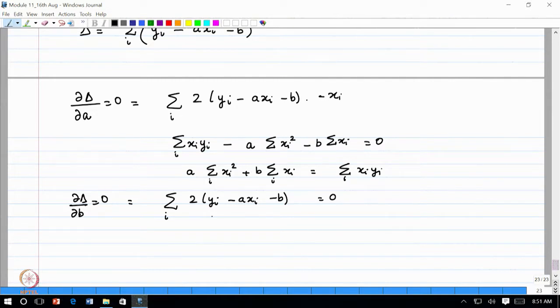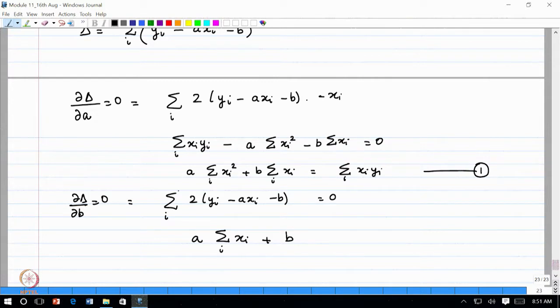So, in other words, if I try to write it in the same way, let me call this equation 1. What I will get is A times sum over I x I plus b.